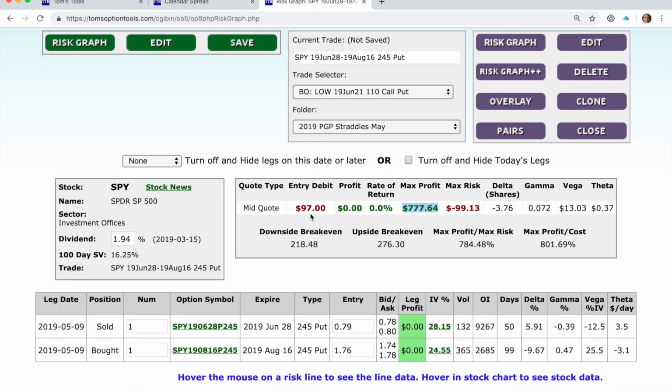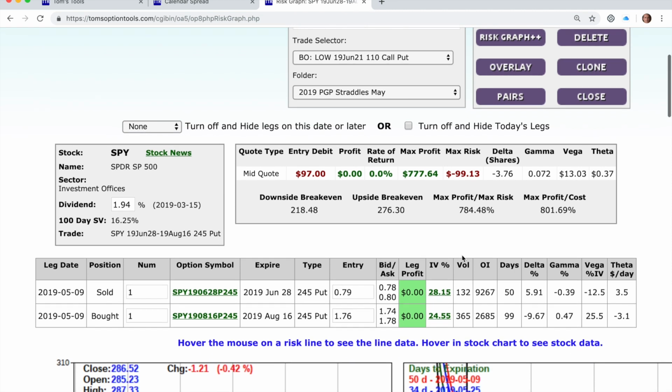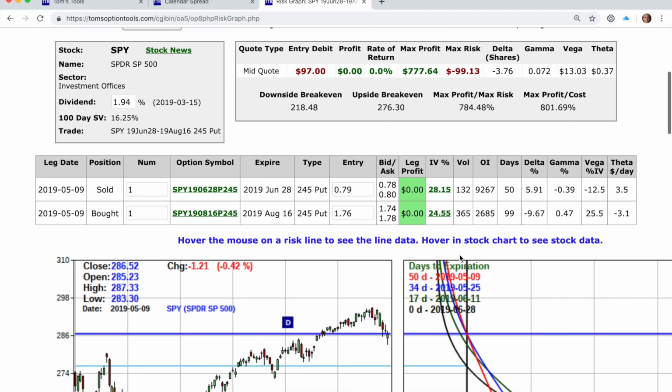Here you have it, 97 cents per share controlled, or $97 for the entire shares controlled, to potentially make $777. That's a 784% return on investment potential. Notice that we've got our legs. We're selling a 50-day option, and this is the June 245 put.